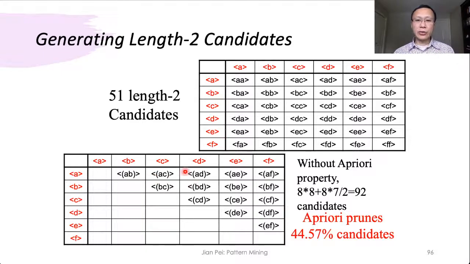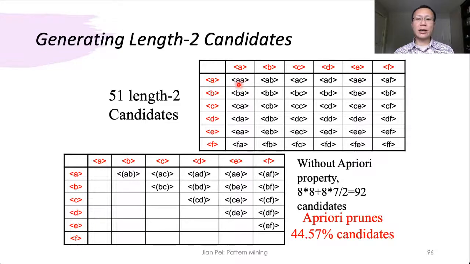In addition to making longer transactions, another way is that we can make longer sequences that have 2 elements in each sequence. So in this case, we have a full matrix here because we can combine A and A into a sequence AA that contains 2 elements.